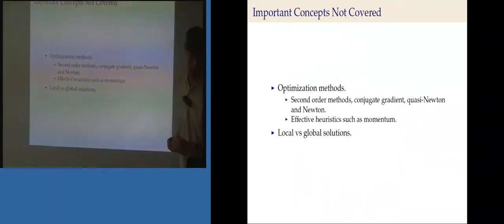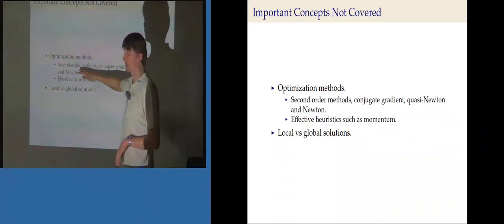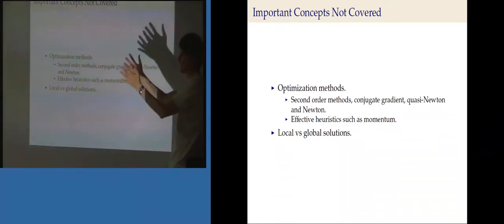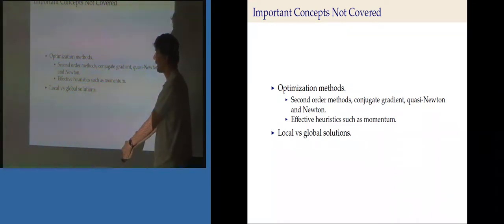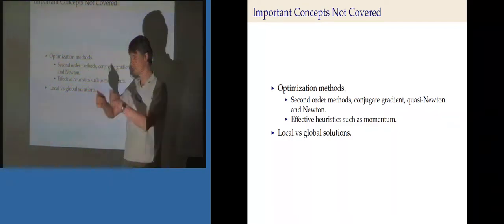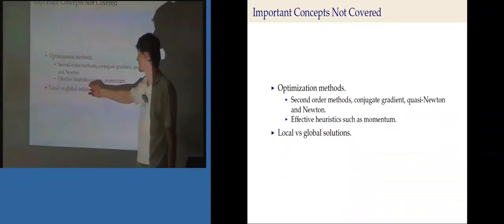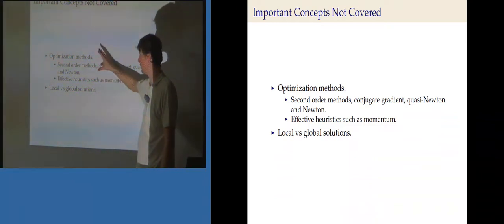Okay, so second order methods are not things we're going to recover here. If this is a quadratic system, we can solve it very efficiently. We are going to make use in the code of things like conjugate gradient and quasi-Newton methods, which take account of the shape of the surface, effective heuristics such as momentum when people do gradient descent, local versus global solutions.